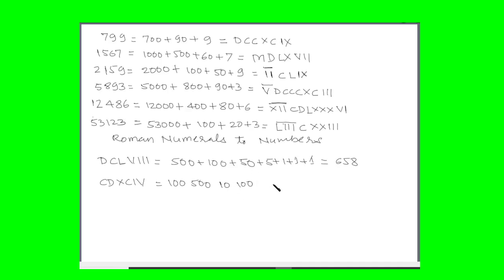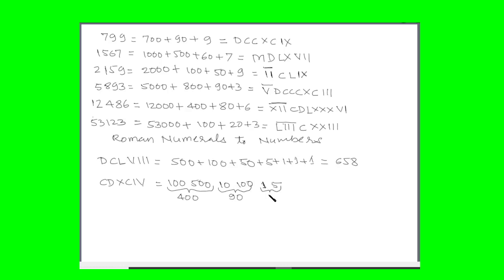Then I is 1 and then V is 5. So here we just learn how to do it. This is 500 minus 100 is 400. This is 100 minus 10 is 90.